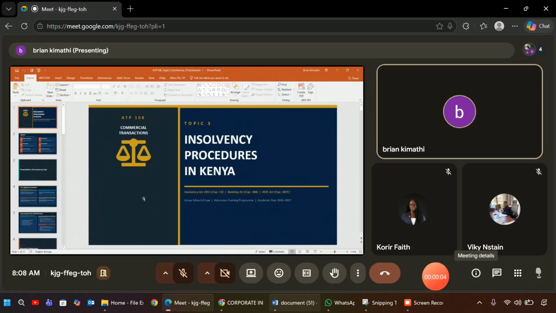We have topic 3 on insolvency procedures in Kenya. What I find interesting about commercial transactions as a unit is that all the law you can find is post 2010, that is, after the 2010 Constitution.